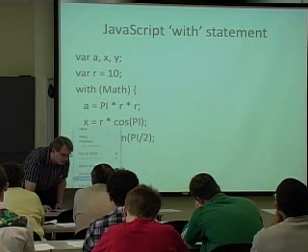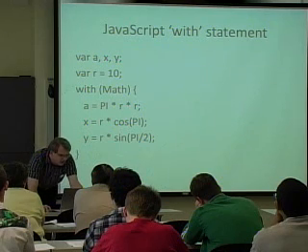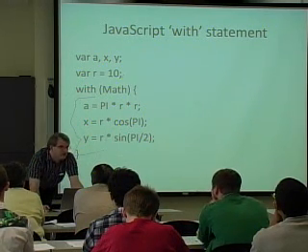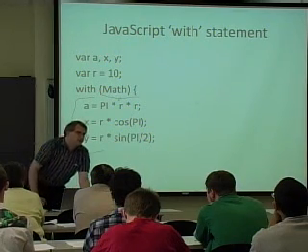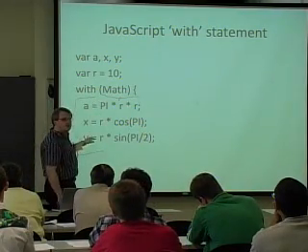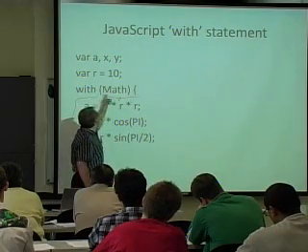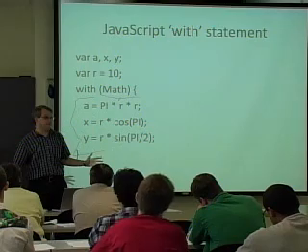Now, I forgot to set this up ahead of time. Okay. The basic idea here is the code that executes inside the block is in an environment that's extended by this argument. So all the code that's executing in here is executing in an environment where the members of this object are just there in the environment.